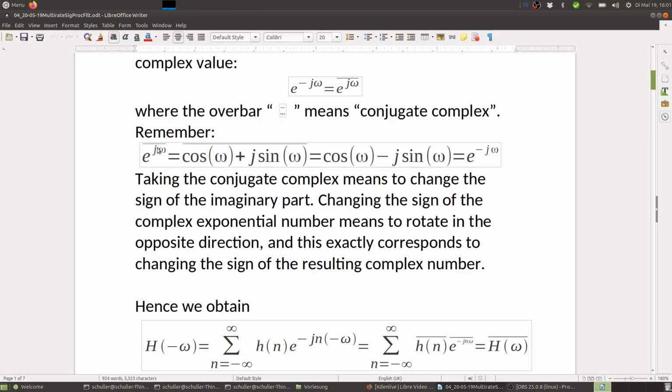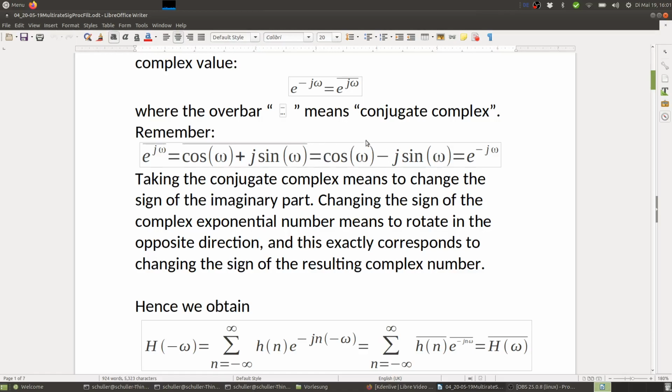So e to the j omega can be written as cosine omega plus j sine omega, and if we take the complex conjugate of this expression, this is simply changing the sign of the imaginary part. The plus turns to minus sine. And this is identical to changing omega from plus to minus.